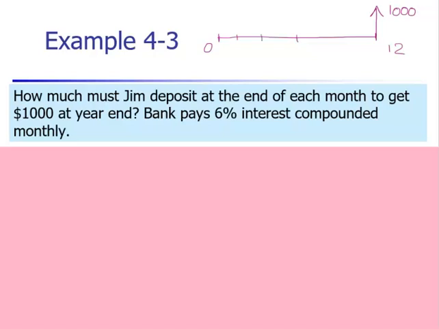So one, two. Here you see the timeline, and we are going to have 12 payments. So it goes all the way down until here.